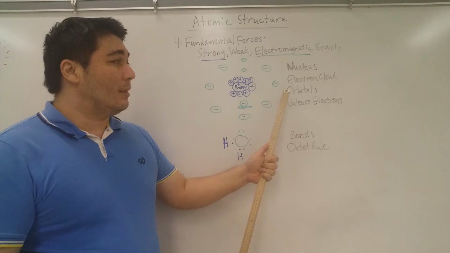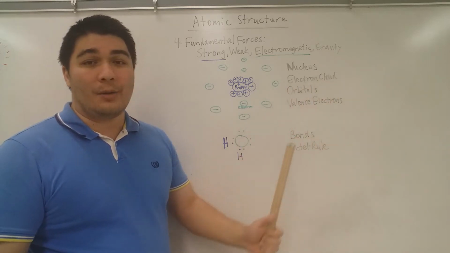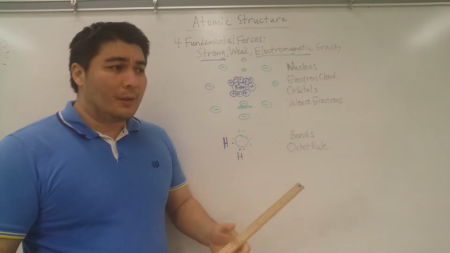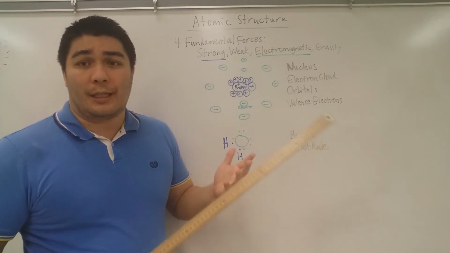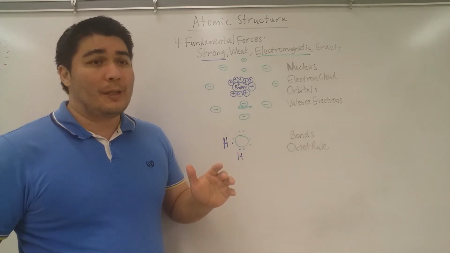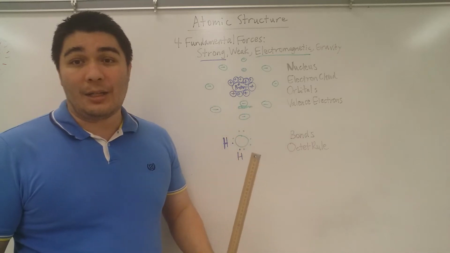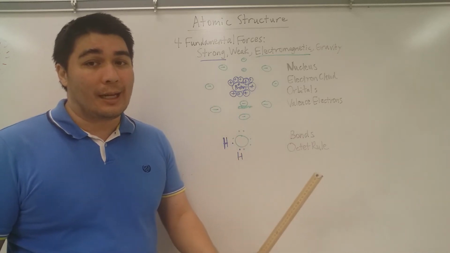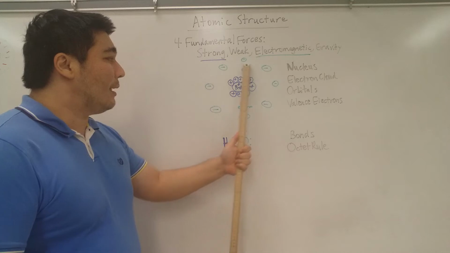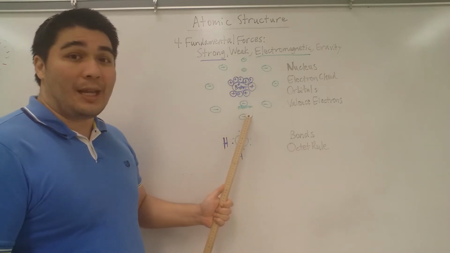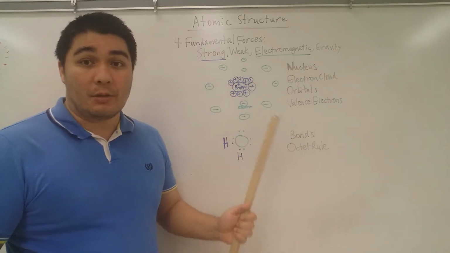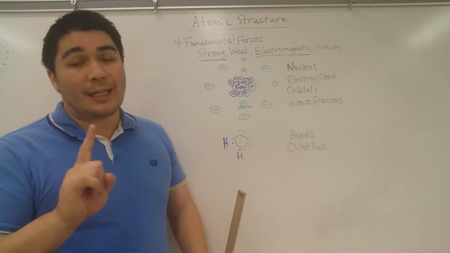Now, of course, that includes things like the electron cloud, which is just the place where the electrons are. One thing that has to be made clear: what I drew here is not entirely accurate, because these electrons are drawn as if they are floating in space in this position. However, that's actually not true.